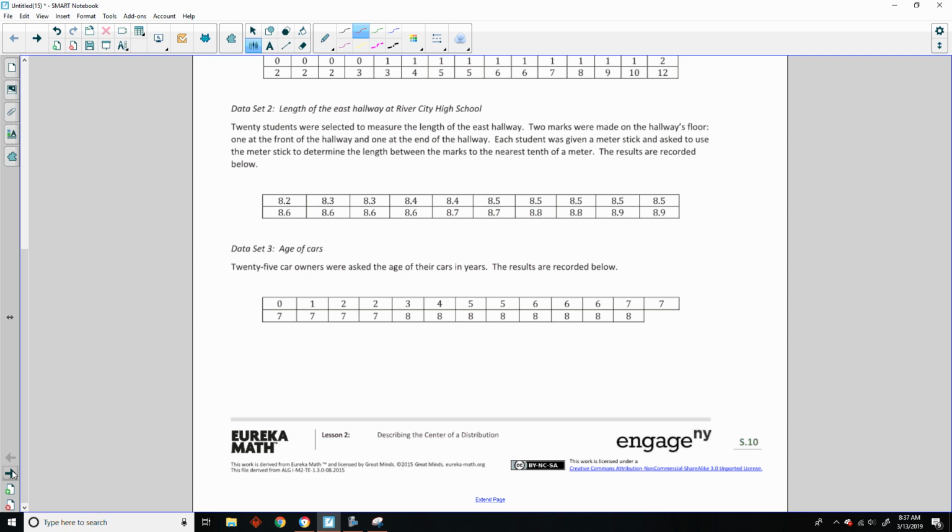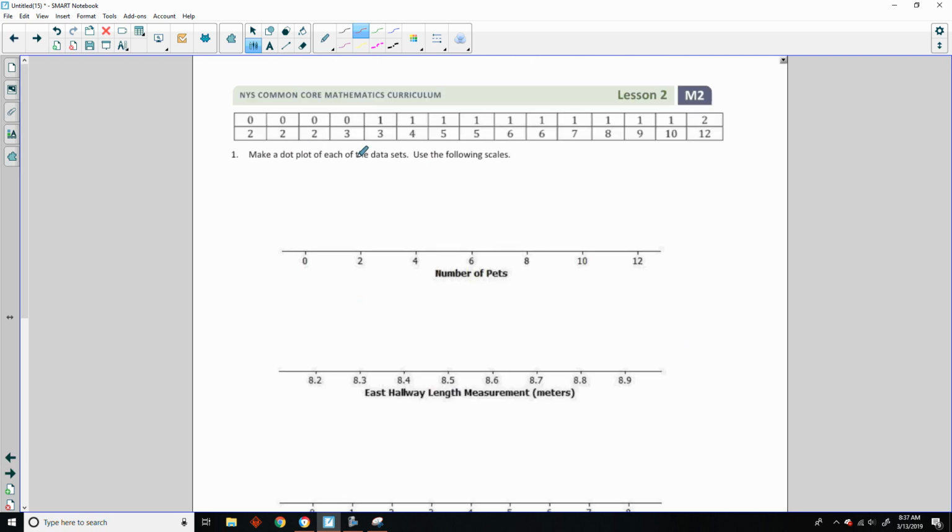Okay, so next page, it says to make a dot plot of each of the data sets, use the following scales. All right, so I copied over the results from pets, and here's how you make a dot plot. There are 4 zeros, so I put 4 dots there.